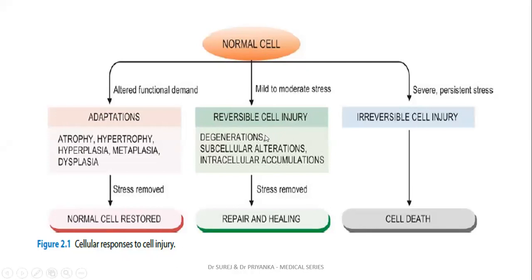What happens are degenerations, subcellular alterations, intracellular accumulations. If this stress is removed, it will bring about repair and healing. The next response is severe persistent stress, irreversible cell injury, cell death, apoptosis and necrosis.